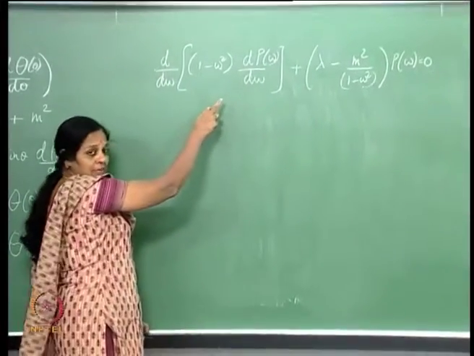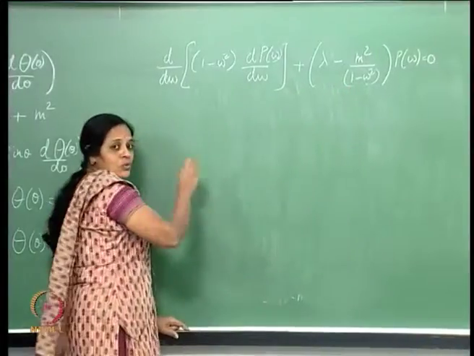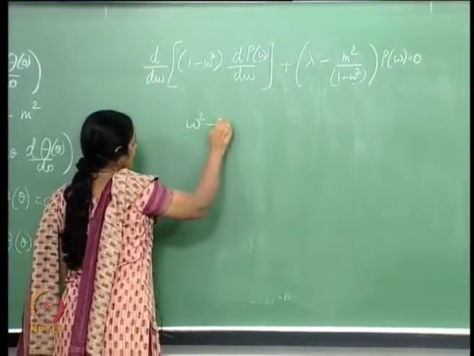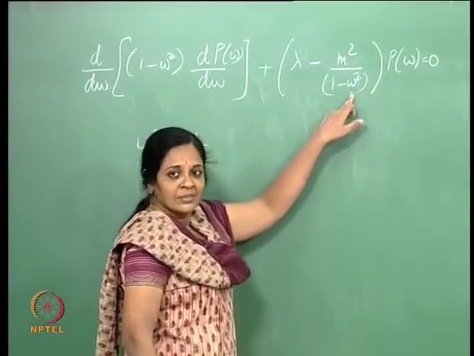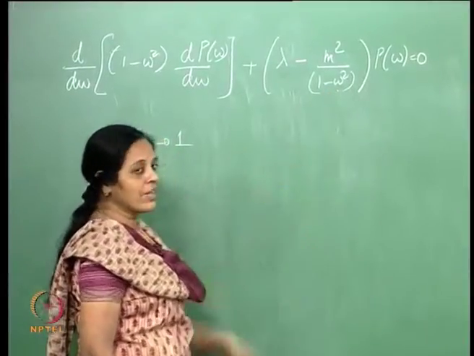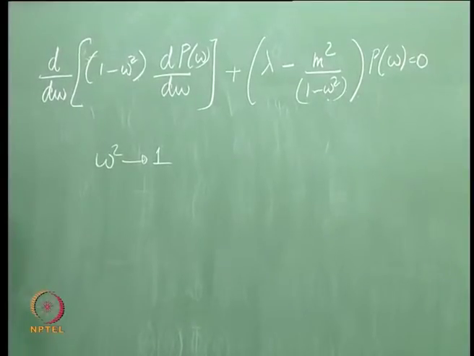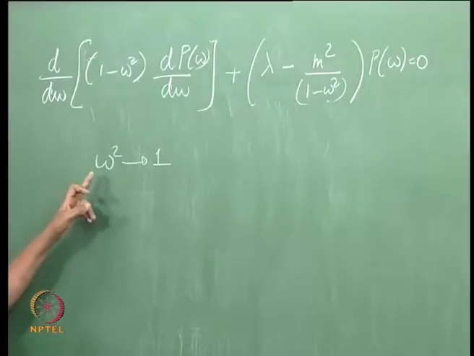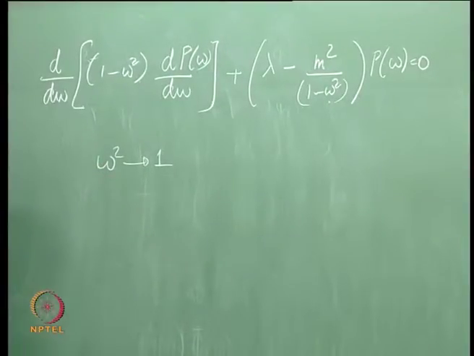W is cos theta. So, trouble comes when W squared goes to 1. This term is going to create trouble because the denominator has 1 minus W squared. So, the analog of looking at what happens when x goes to plus minus infinity in this case is to look at what happens when W squared goes to 1.